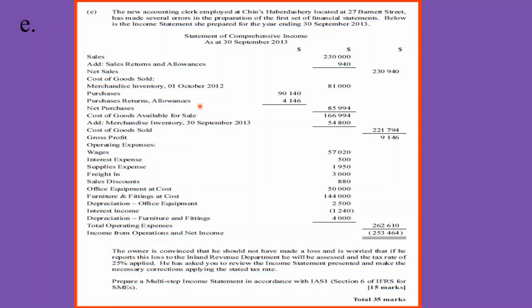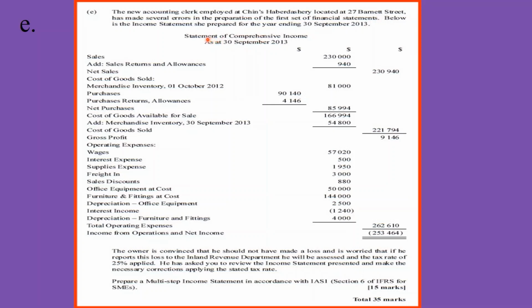Okay, so how we'll approach this is we'll go through the income statement and we will note what the errors are, and then we will present the corrected income statement. Okay, so we start at the top, and you have to have the name of the business at the top here.